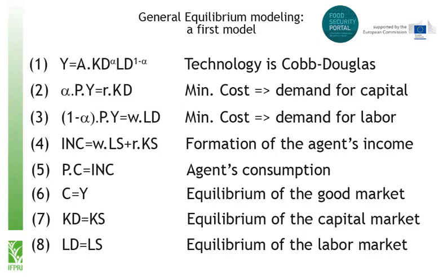So here we've got the model, and we've got 4 blocks. The first block is a production block with equations 1, 2, and 3. Then the second block is formation of income, which is equation 4. Then we've got the agent's consumption, so this is equation 5. And a final block, which is the block of equilibrium of markets with equations 6, 7, and 8.